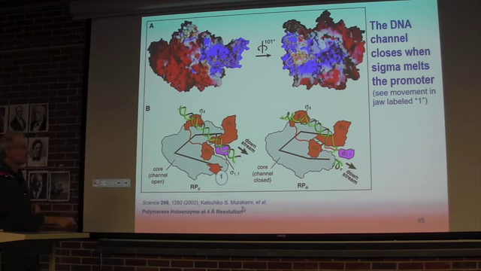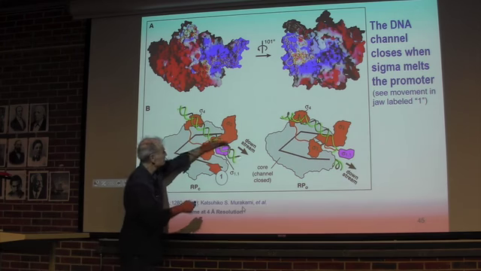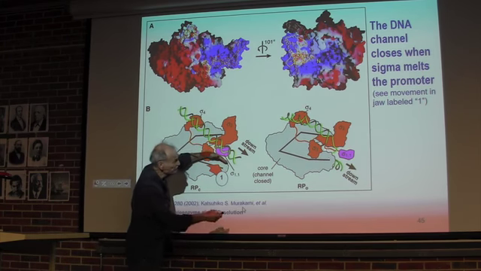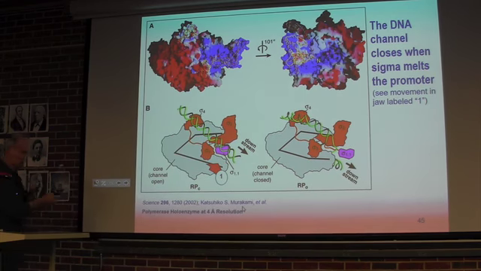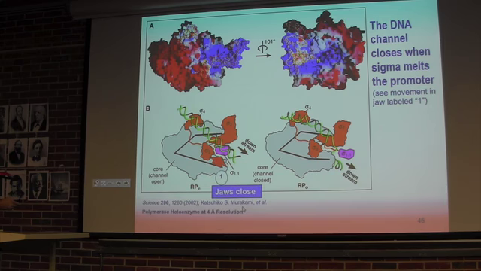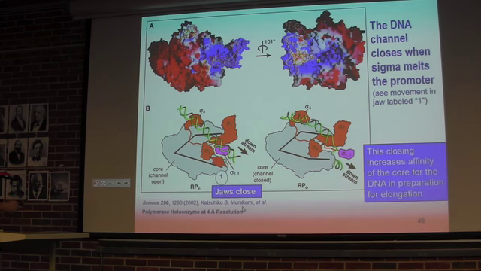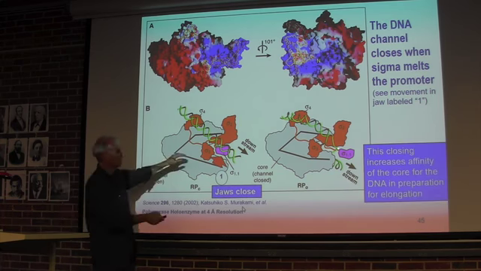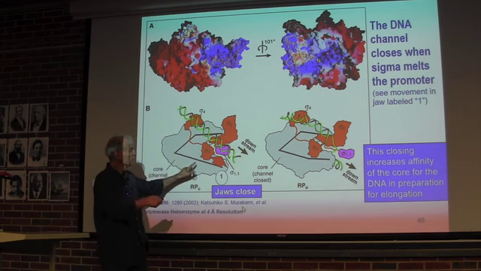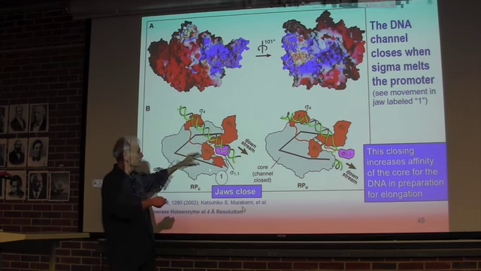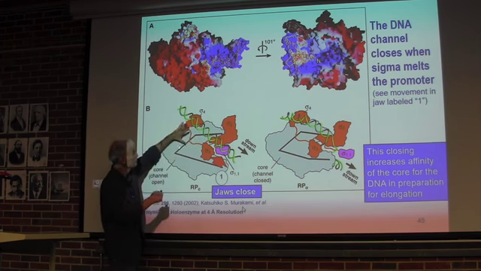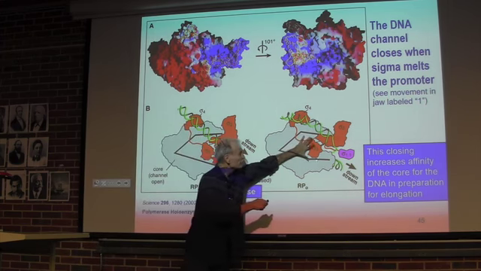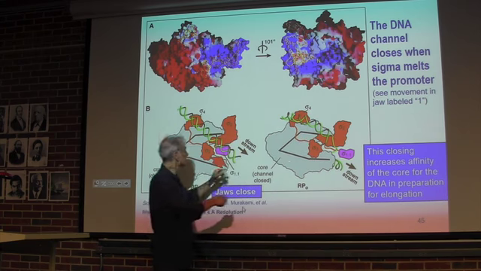You can't see it very well, but that's as the DNA seats itself, partially hidden there by the lip, the sigma rotates out a little bit. In addition to sigma moving, the jaw itself closes down. The jaw, here the end of the jaw is closed right there.